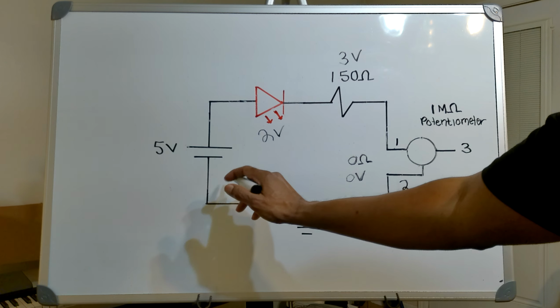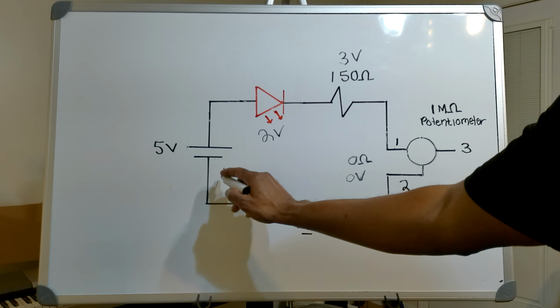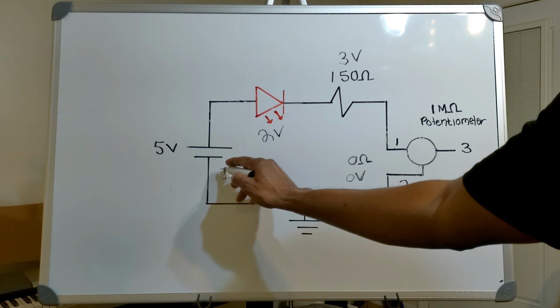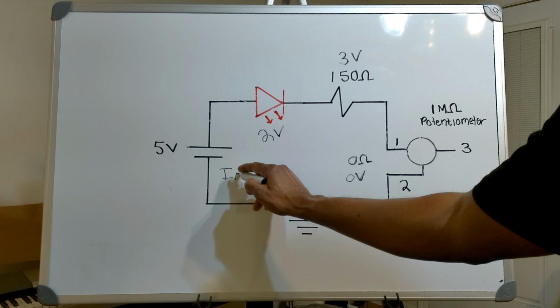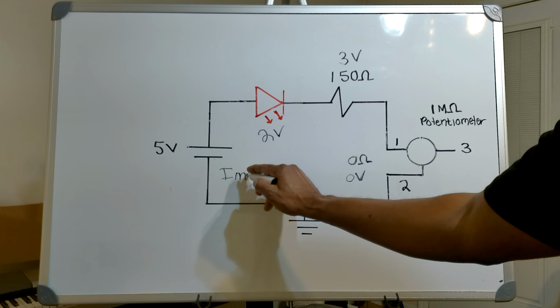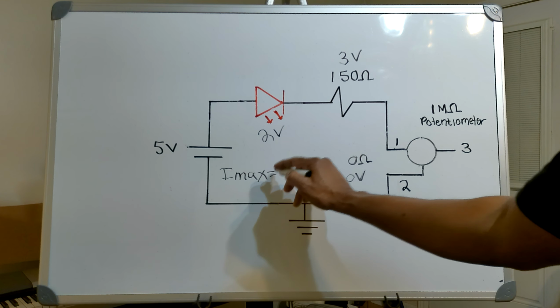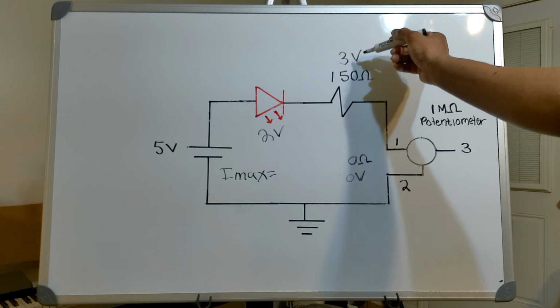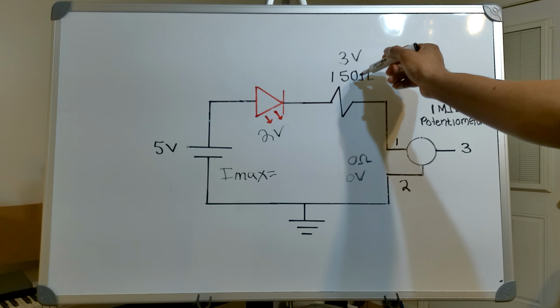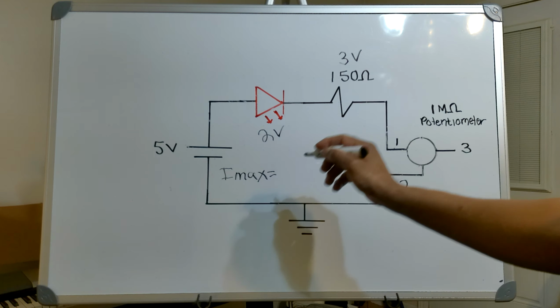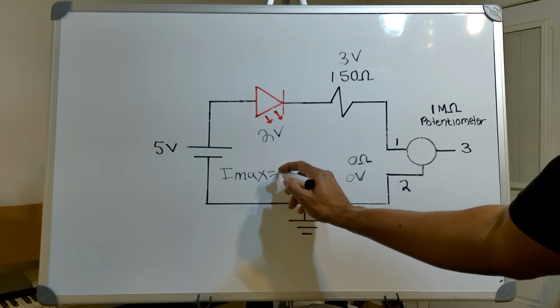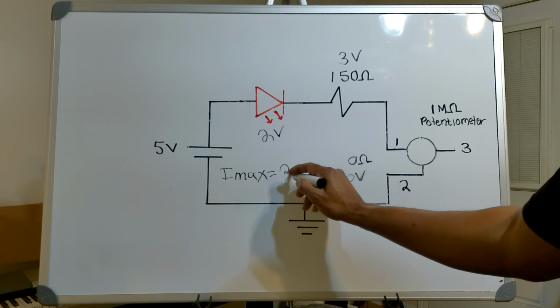That means I now have my maximum current. Three volts divided by 150 ohms gives me a maximum current of 20 milliamps.